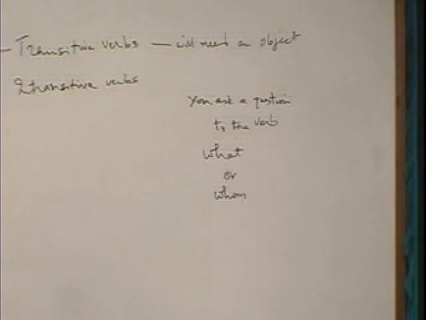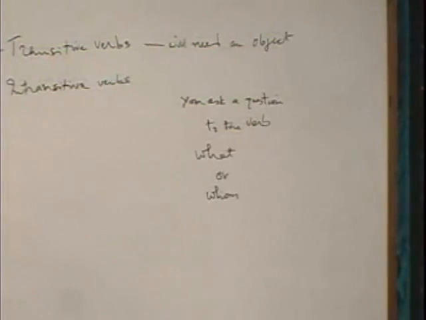Muhammad ate. Now you ask a question: ate what? Then you will get an answer. That answer will be your maf'ulun bihi, that he ate a piece of bread or cheese or a banana or apple, whatever. Fine. Now if you say Muhammad sat, now you ask a question: sat what? No.